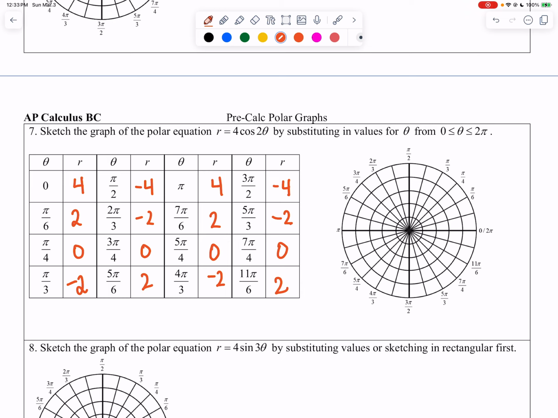Okay, so hopefully you got these as your lovely coordinates.